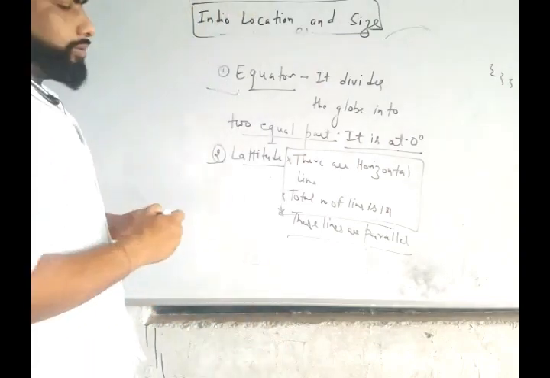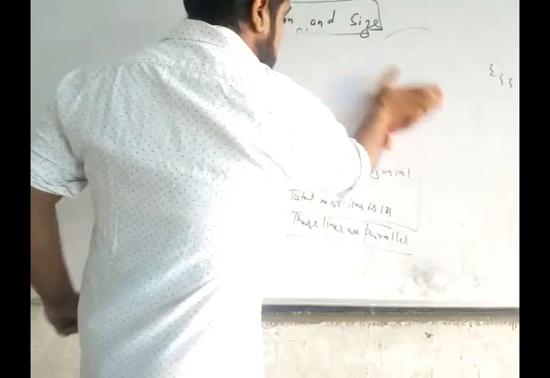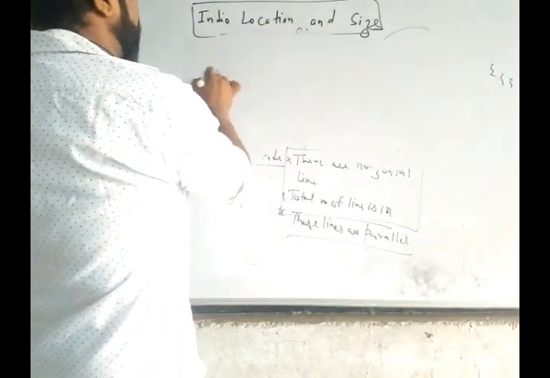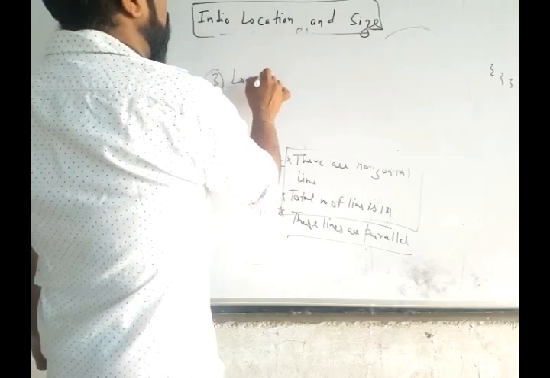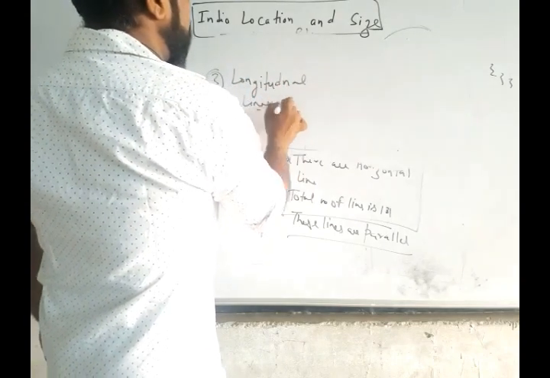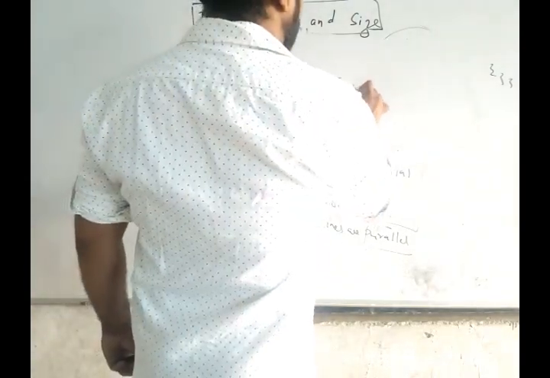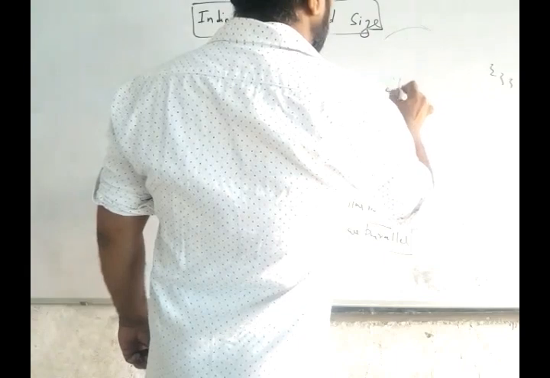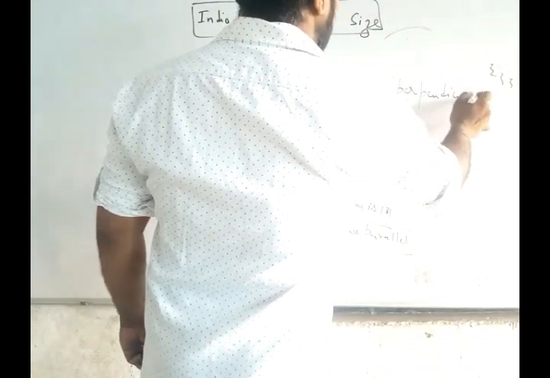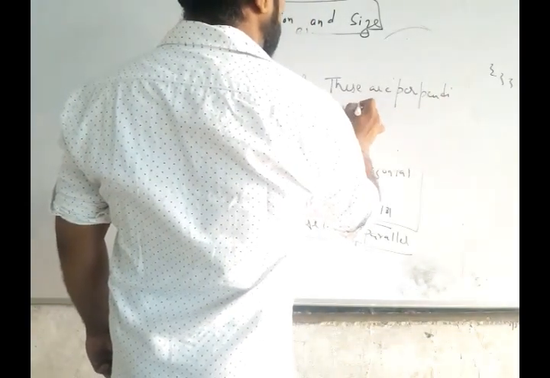So you got the equator, you got the latitude. Now the third one is longitudinal lines. These are perpendicular lines.